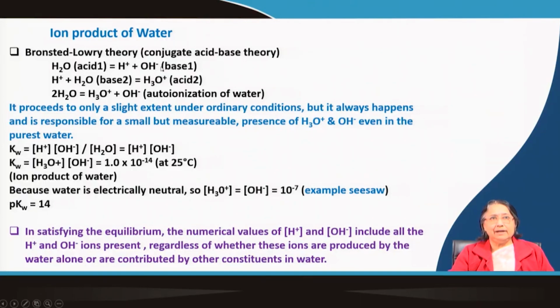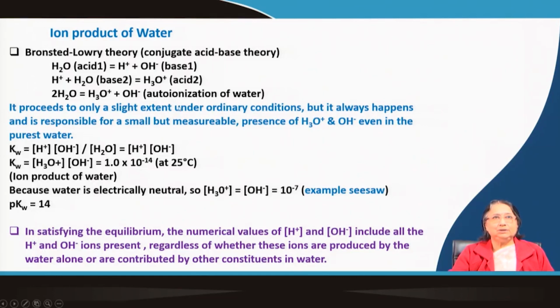This is the pair, acid 1 and base 1. Water can act as a base also because of its amphoteric character. So, it can act as a base when it takes up a proton to form the hydronium ion. So, this is the conjugate acid base pair.